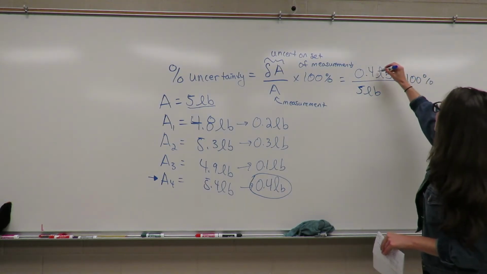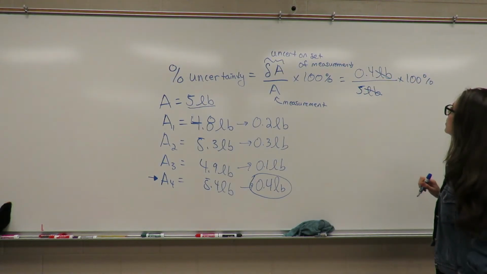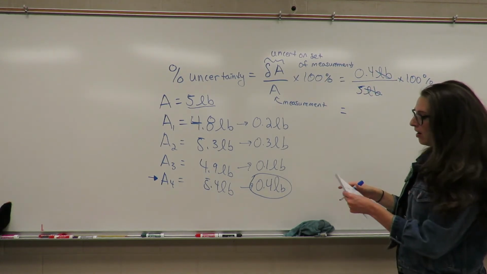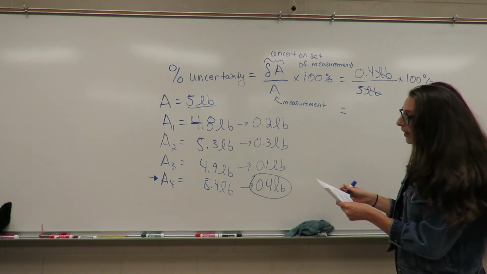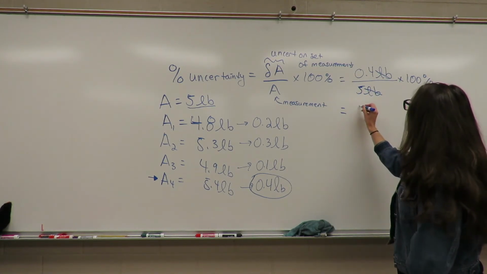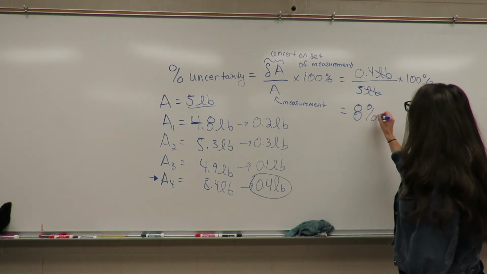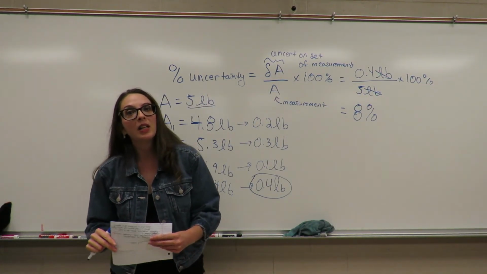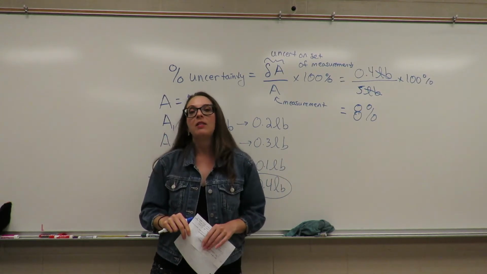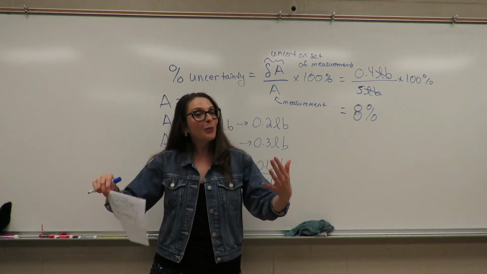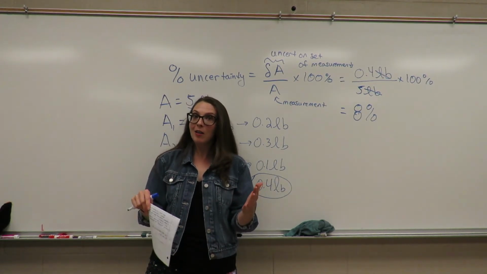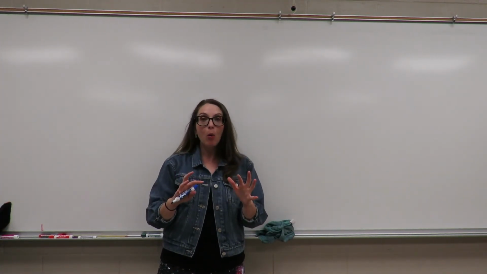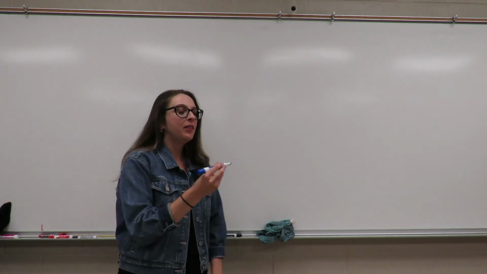Okay, so we see here we've got pounds over pounds, those units cancel, and so I have 0.4 divided by 5, and multiply that by 100, and that gives me 8%. So I see that I actually have 8% uncertainty on the measurement of these, what are supposed to be 5-pound bags of avocados.